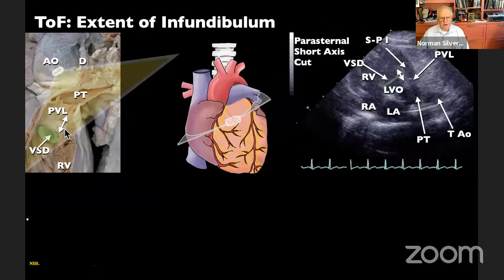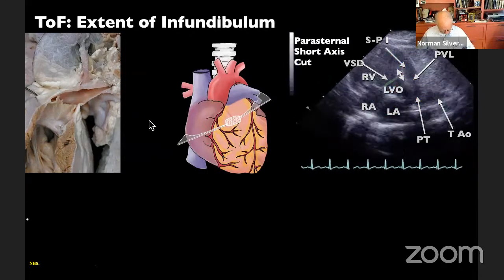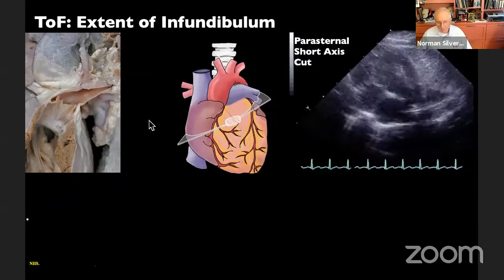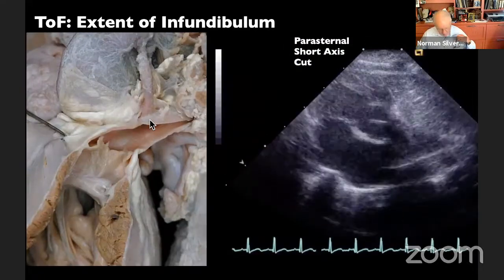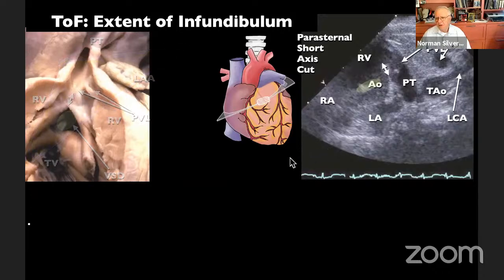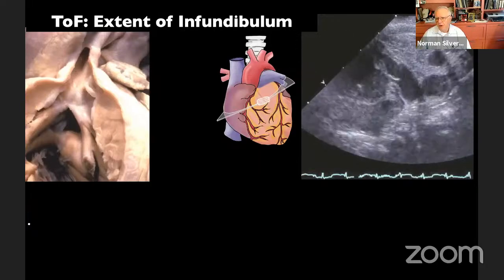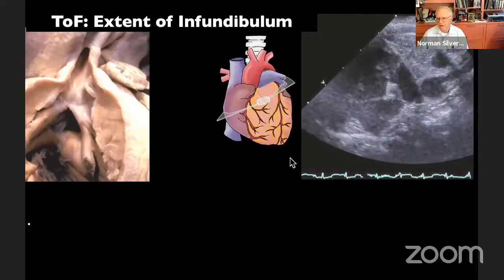Then it may be shorter, as we see here, a little bit shorter than in the previous example. And the shortest example over here, there's the ventricular septal defect. And you see how small the infundibulum can be, but it's still tetralogy of Fallot. And this has, again, the beautiful doming of the pulmonary valve, which can be seen as well.